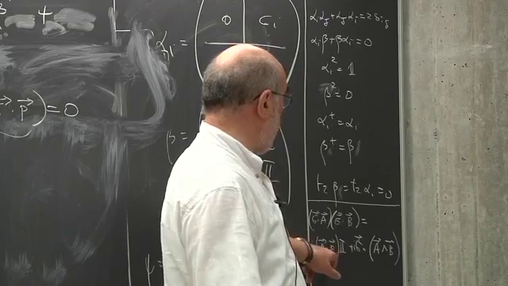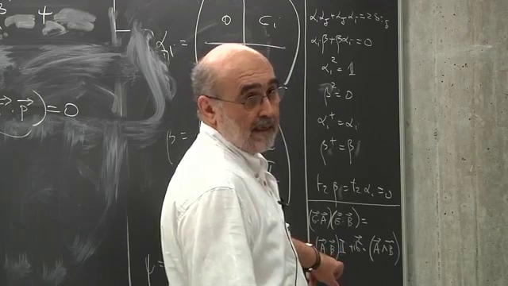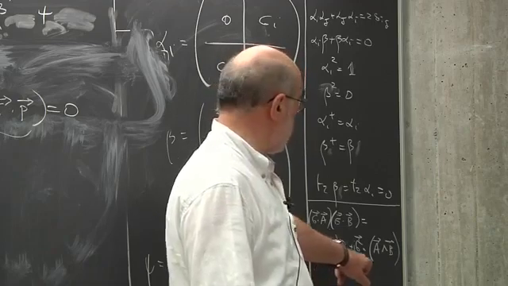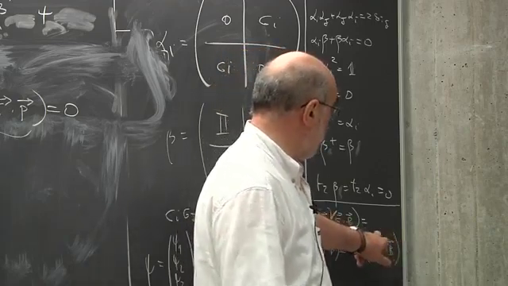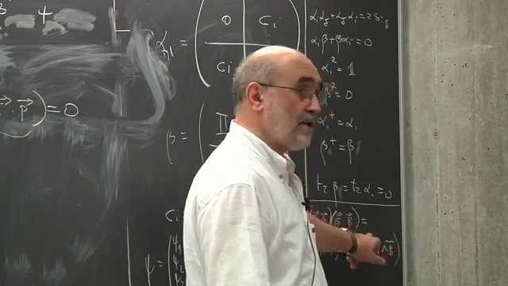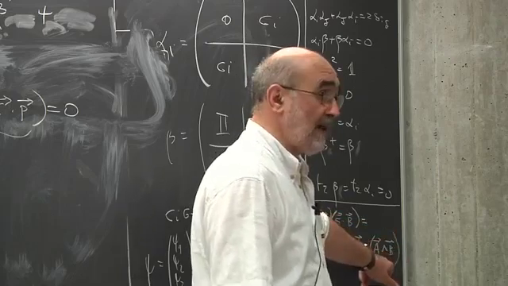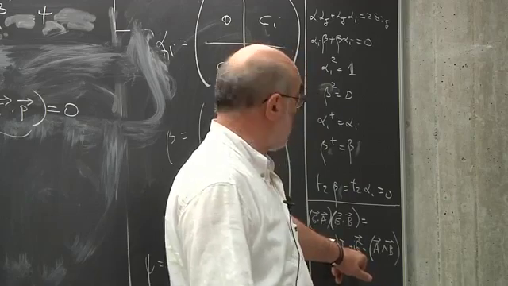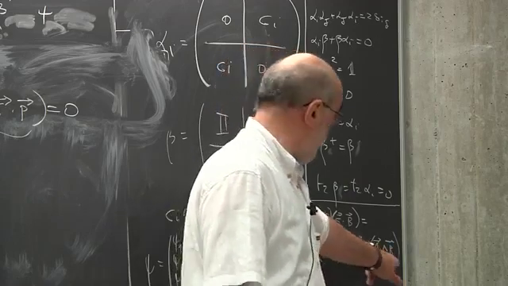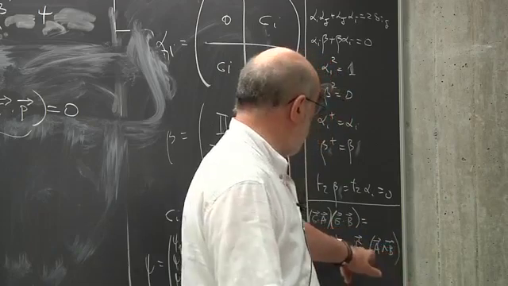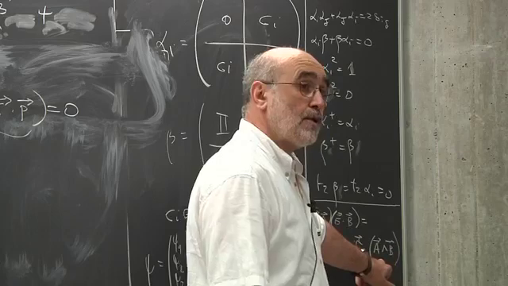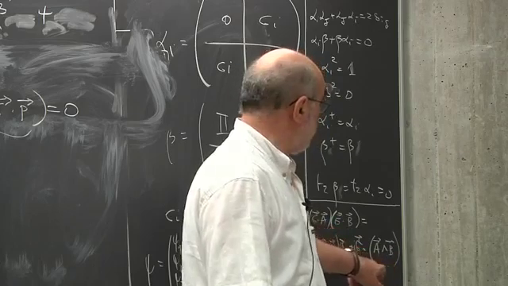The coefficient is A dot B. A and B are vectors, so this is a number, multiplied by a 2 by 2 matrix. And then here you have the vector product between these two vectors, so you get a vector multiplied by this matrix, meaning sigma 1 with the first component, sigma 2 with the second component, sigma 3 with the third component, okay?